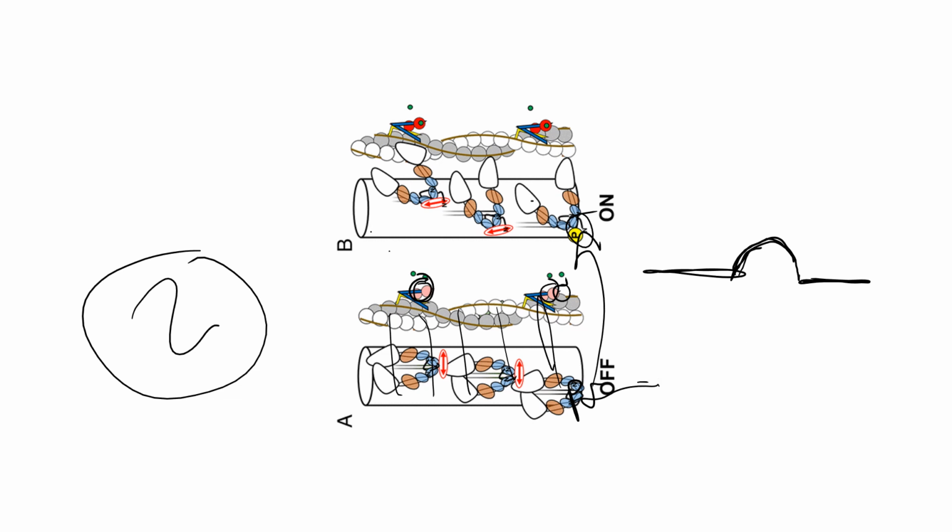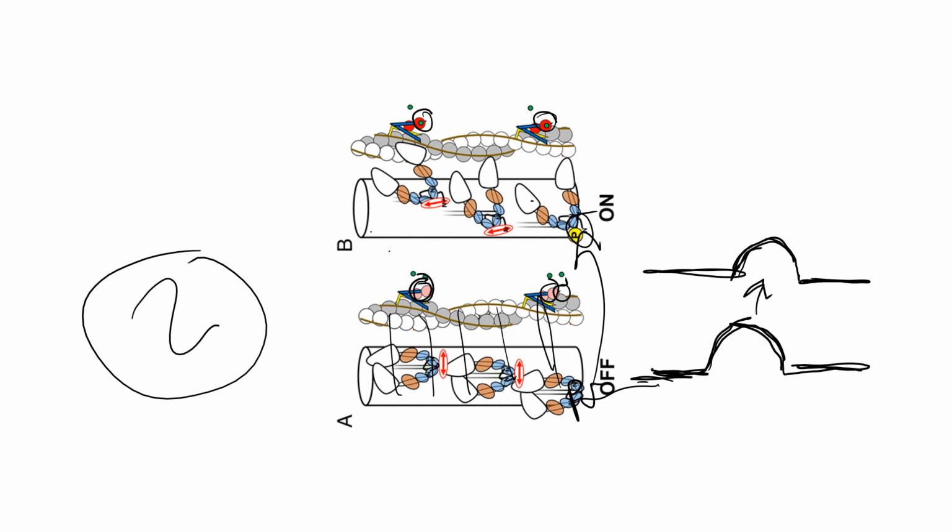So when you hit that muscle fiber with another action potential and you cause another twitch, you would see more force with the second twitch than the first twitch. And this would be, in this example, because of the myosin light chains being phosphorylated during the first twitch.